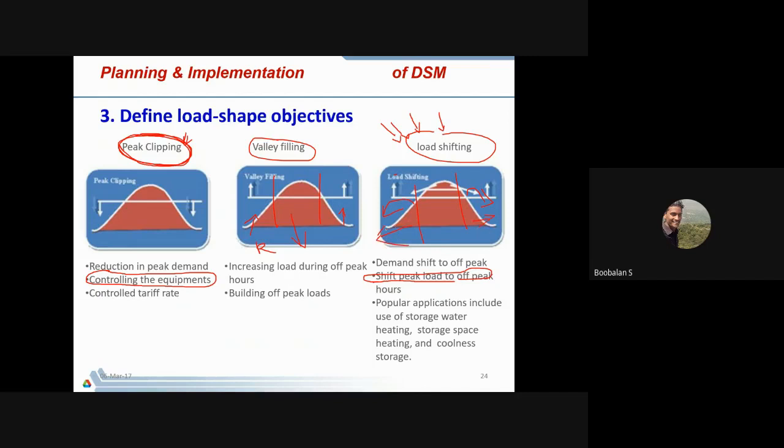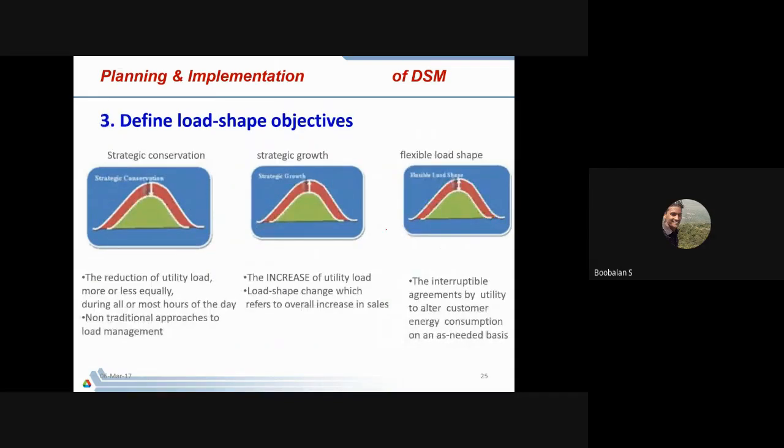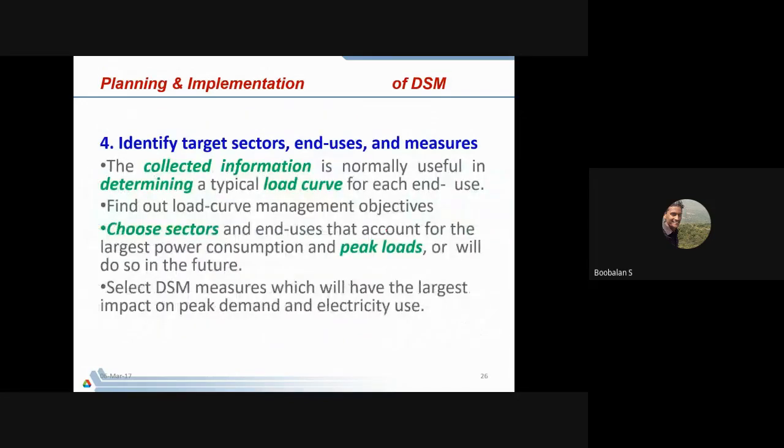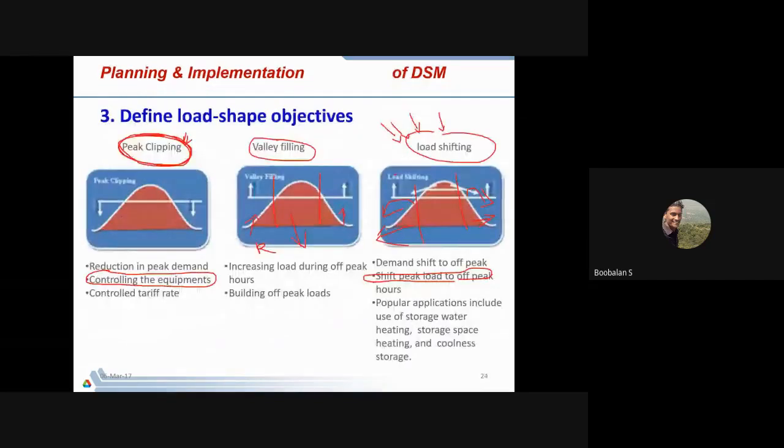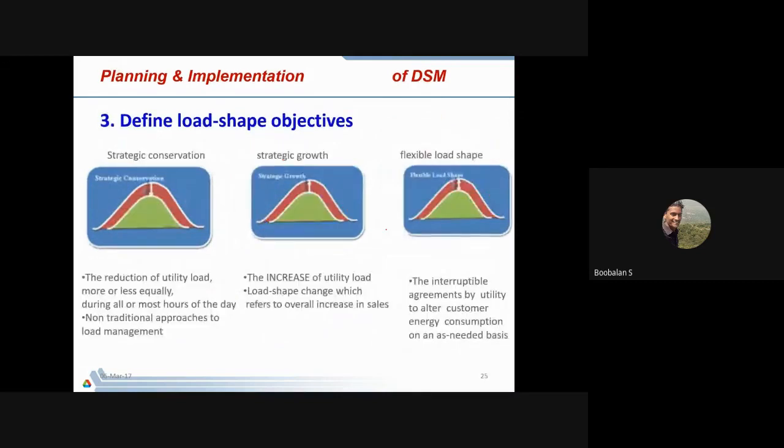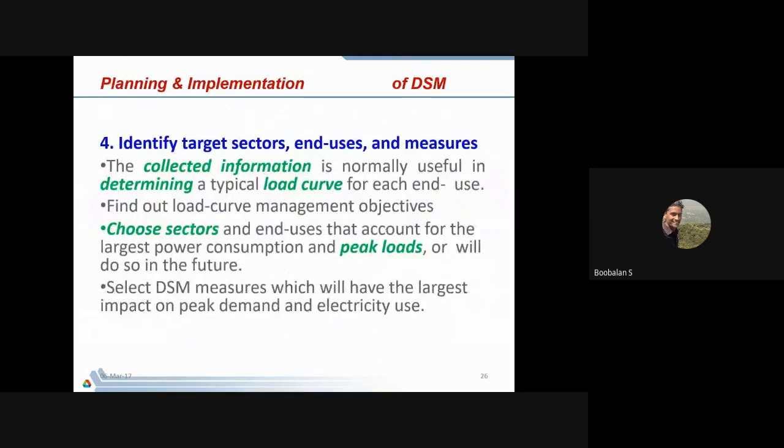So these are the important techniques which will reduce our peak demand, right? And identify the target sectors, end users and methods, right? Once we have implemented these three techniques, we need to identify those customers' load pattern once again.